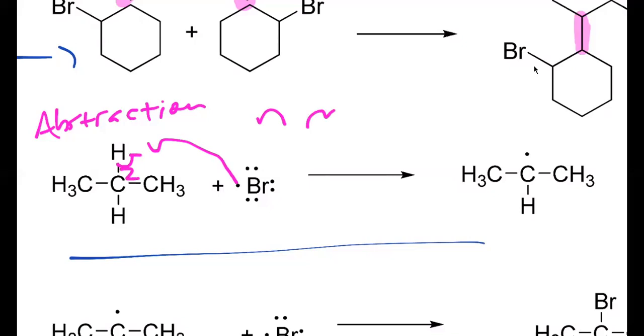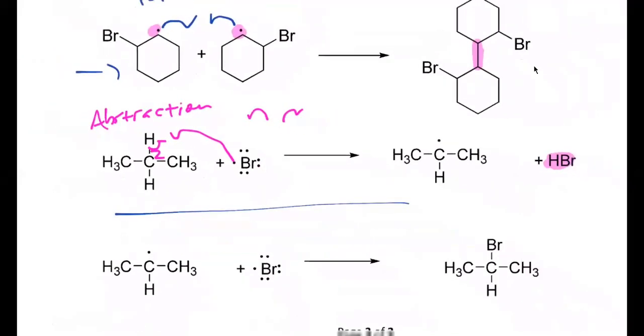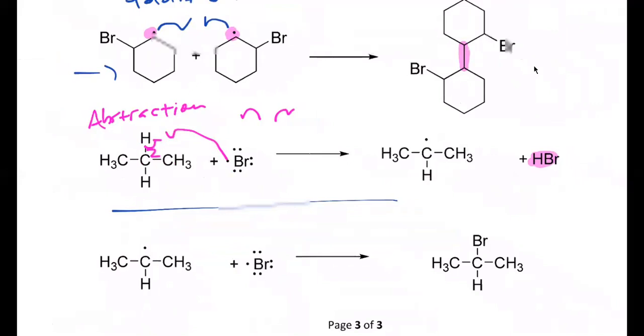And so that is the mechanism for abstraction. I'm saying that because every time we do a radical substitution mechanism where we have to go down the chain and pull off hydrogens on each carbon, that's what we're going to be doing. Abstraction is central to every propagation step.